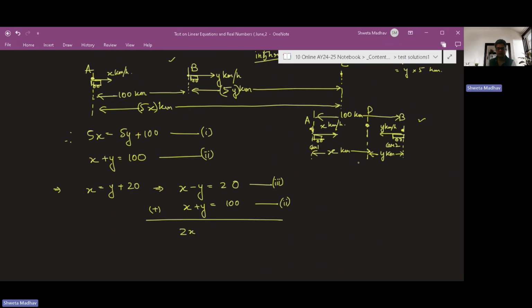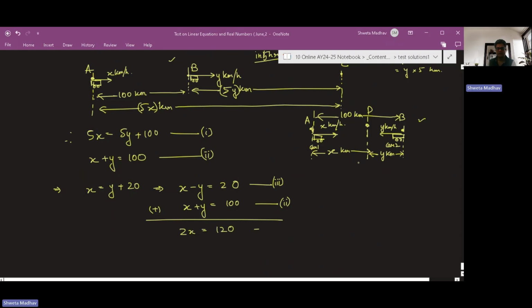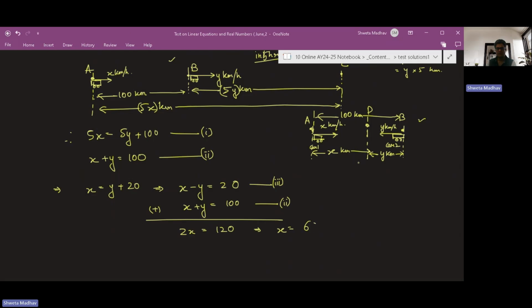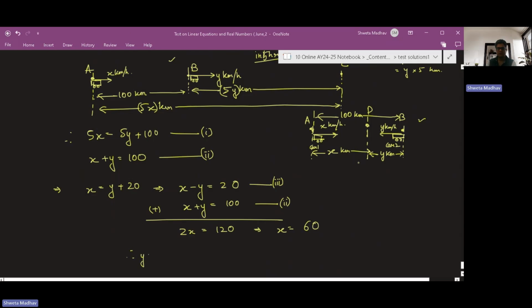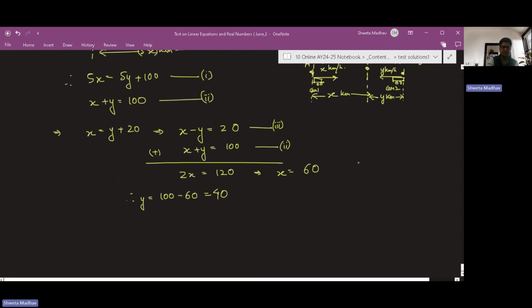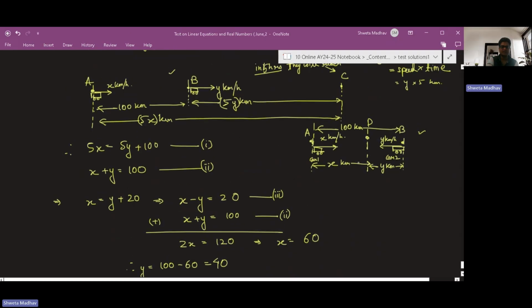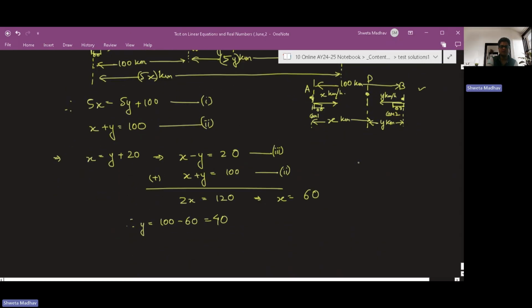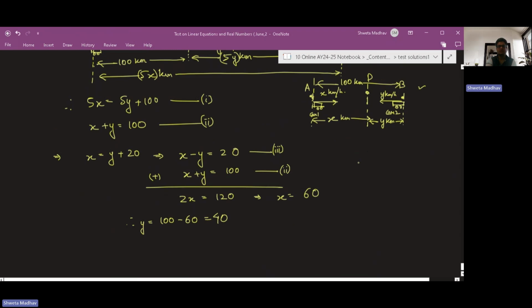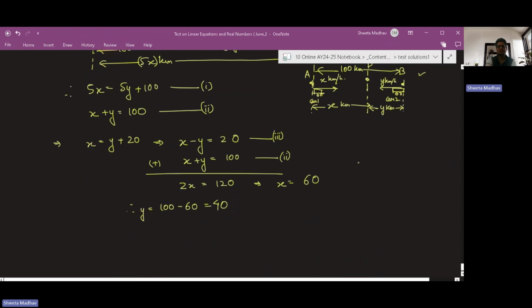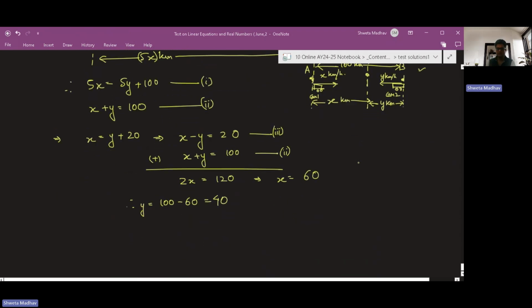So then we get 2x equals 120. So x will be equal to 60. Therefore, y will be equal to 100 minus 60, that is 40. So hence the speed of the car 1, which starts from place A, is 60 kilometer per hour, and the speed of car 2, which starts from place B, is 40 kilometer per hour.